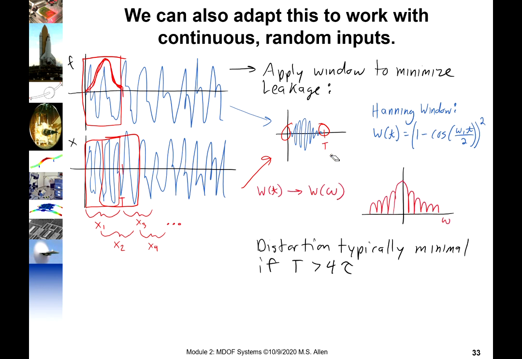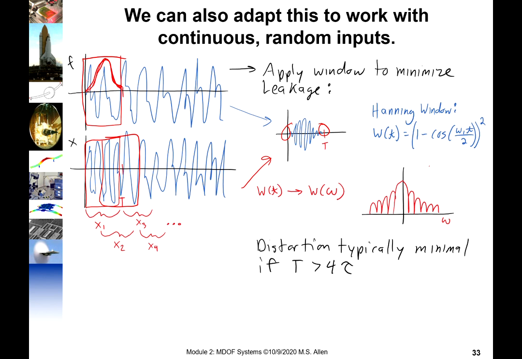Okay, so there is a consequence to windowing, though. We won't get into it in a lot of detail here, but this window function, which is simple in the time domain, in the frequency domain has kind of a picket fence spectrum like this.